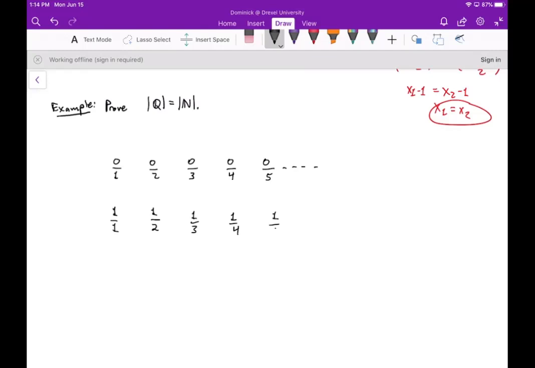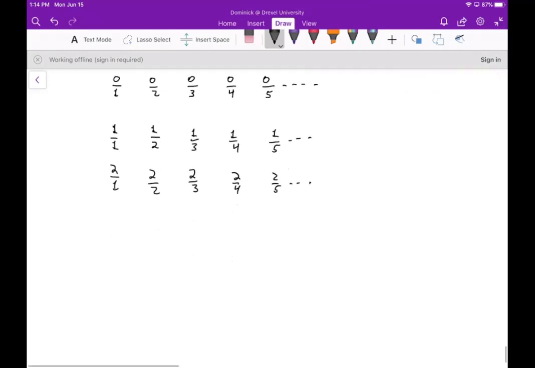And 1 over 5. And then we have 2 over 1, 2 over 2, 2 over 3, 2 over 4, 2 over 5. Then we have 3 over 1, 3 over 2, 3 over 3, 3 over 4, 3 over 5, and so forth.